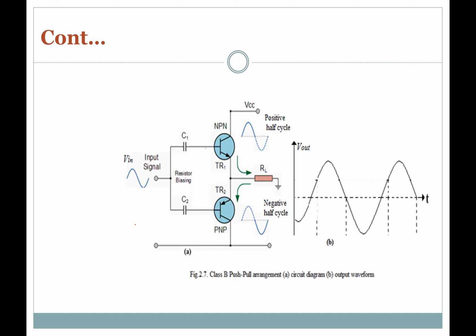Here you have an NPN and a PNP transistor in the configuration, and that is normally a practical circuit for a class B amplifier.